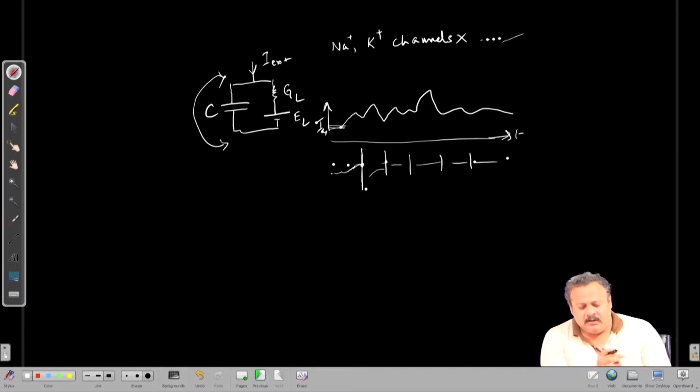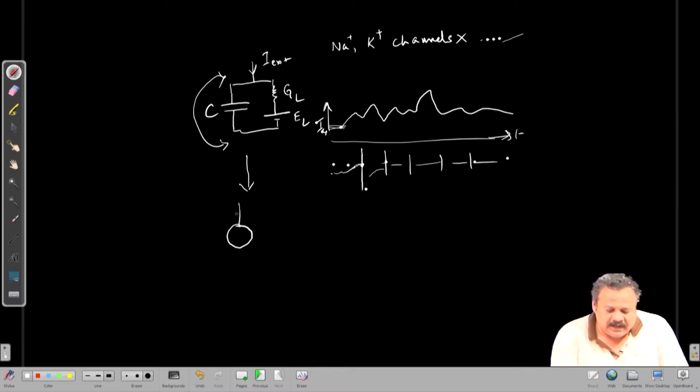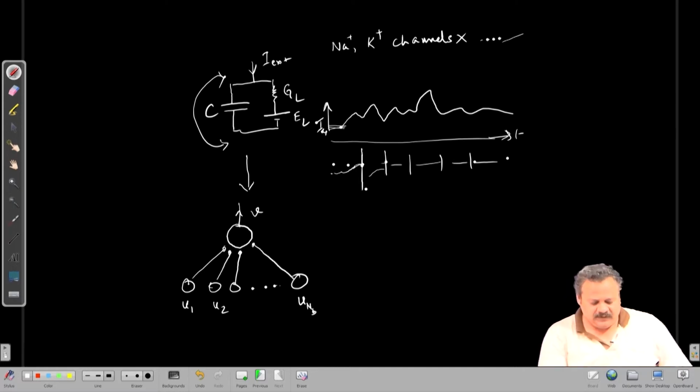When precise spike timing is not important to the question, then these kinds of models are very useful, and in fact this can be further reduced to an even simpler model, where we have one output neuron whose activity or firing rate is given by V, and a set of input neurons, let us say U1, U2 up to UNB, and there are synaptic inputs onto the output neuron, each with weights W1, W2 and WNB.